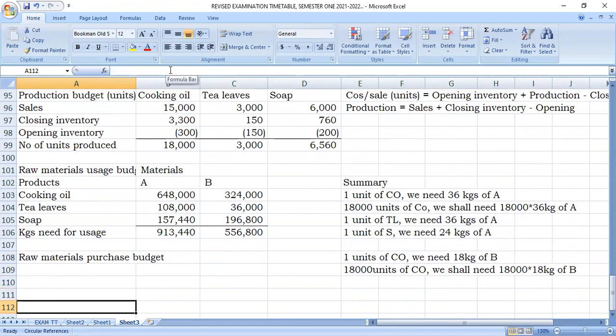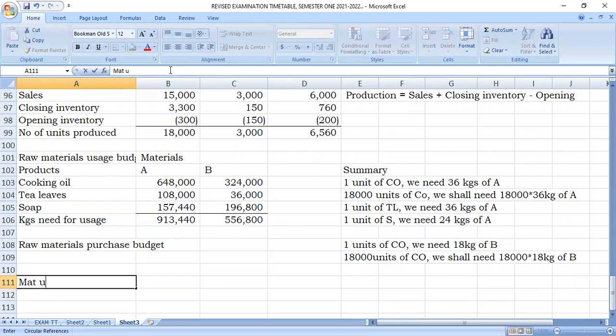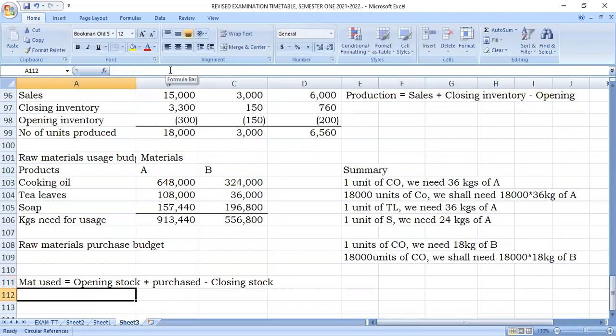For purchase, it takes us back to production, where we say that if you have anything in stock, material used is equal to what you began with, opening stock of raw materials, plus what you bought, in this case what you purchased, then minus closing stock that is remaining in terms of raw materials.